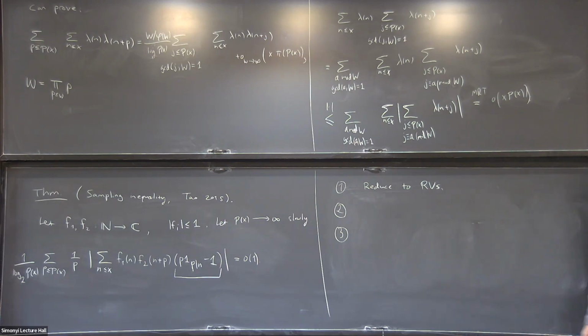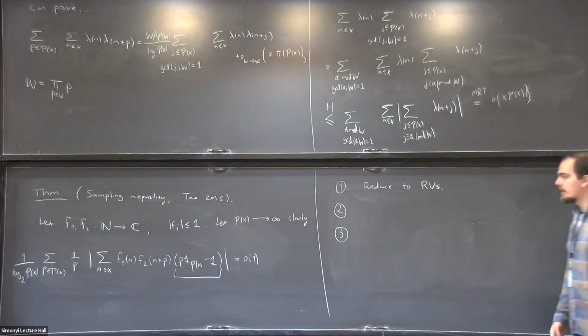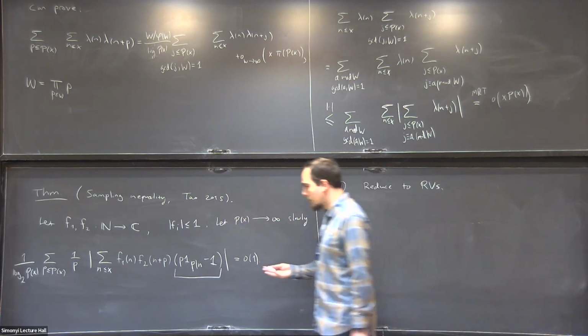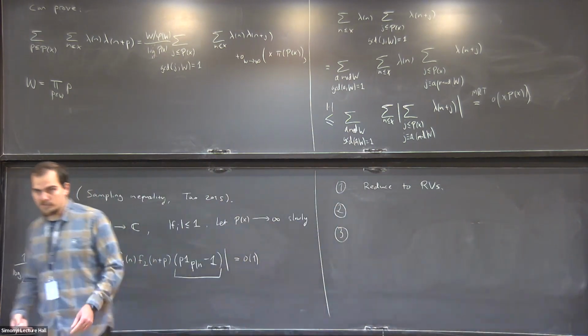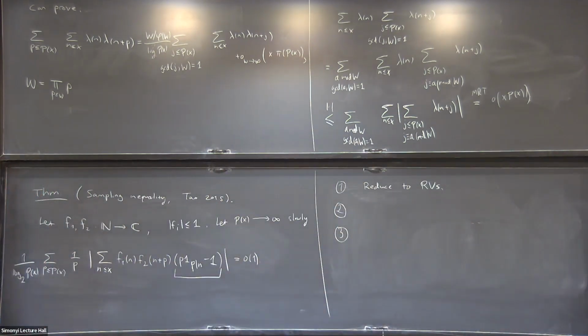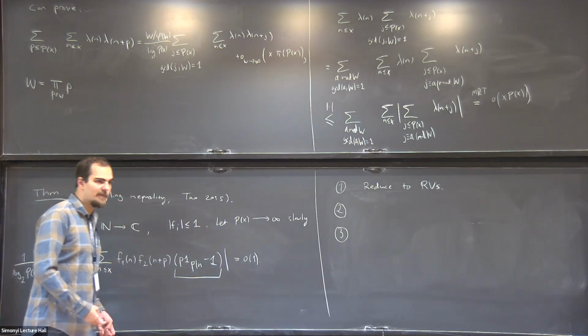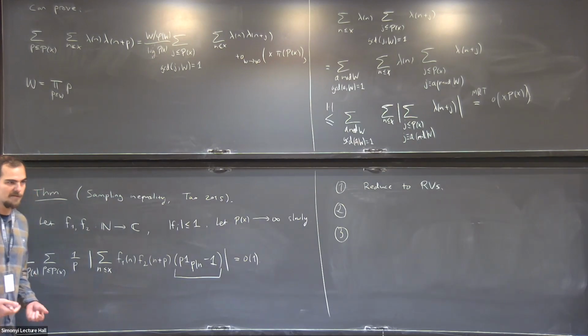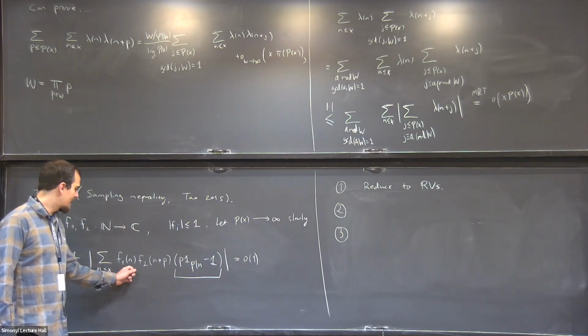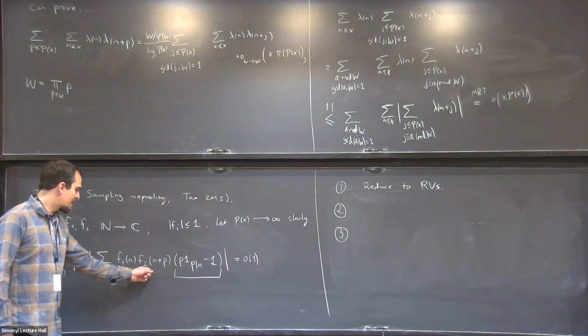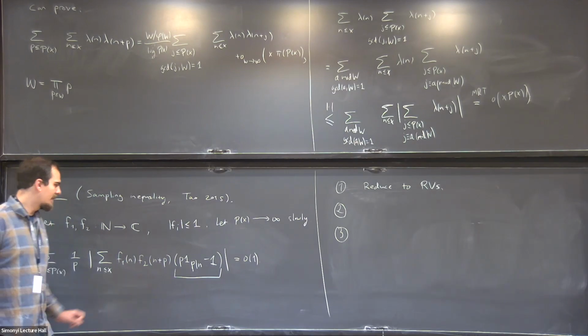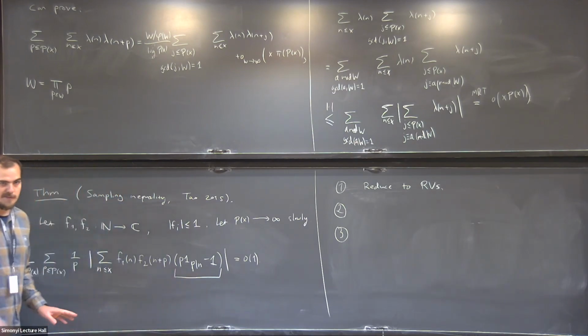And more specifically, that the expectation of a certain function of 2 random variables is small, which is basically asserting some kind of weak independence between those 2 random variables. So I'll tell you in a moment what the random variables are, but they have to do with the sign patterns of these functions, f1, f2, and with the divisibility conditions being the other random variable.